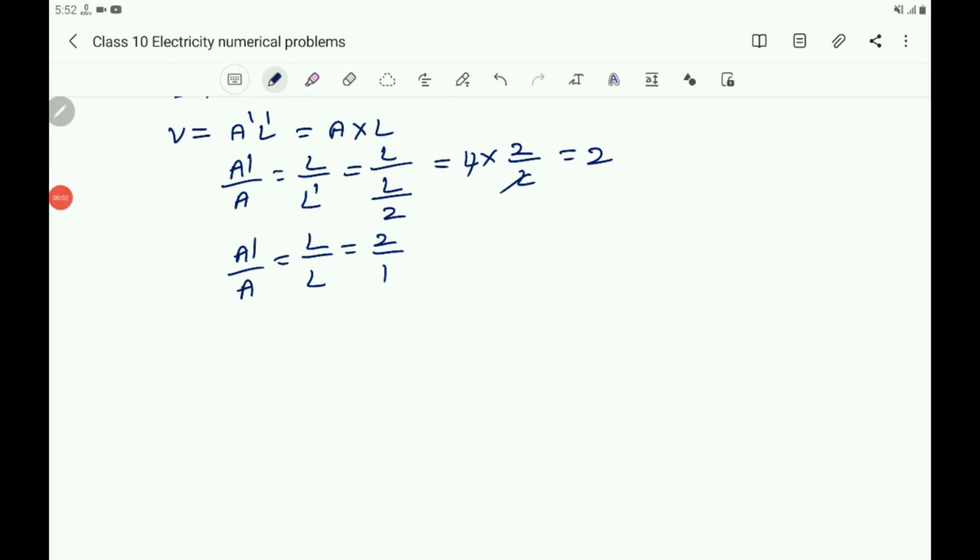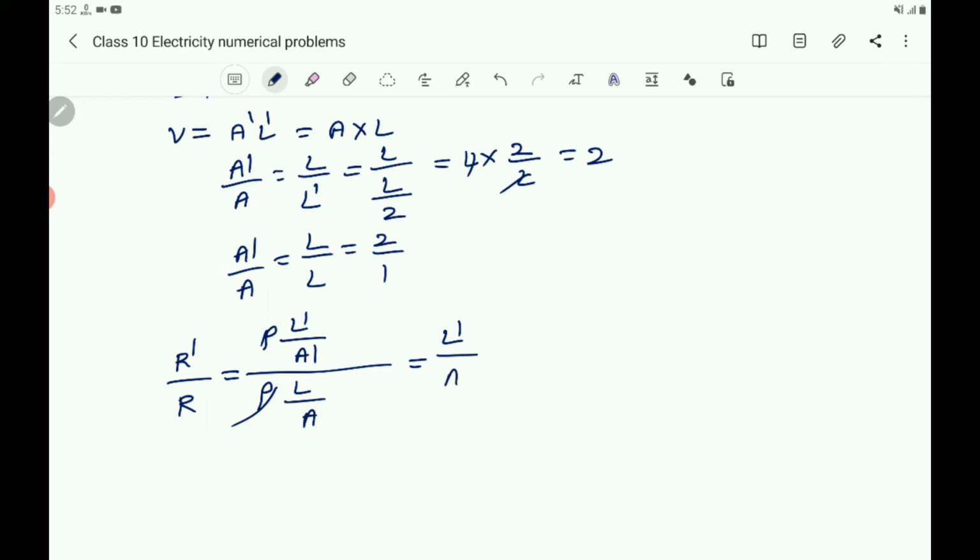Then you write the formula for resistance. R dash by R is rho into L dash by A dash, again rho into L by A. Again you know that this cancels. What you will get?